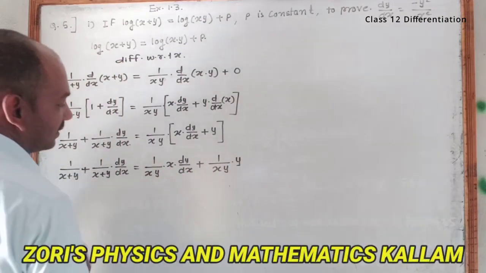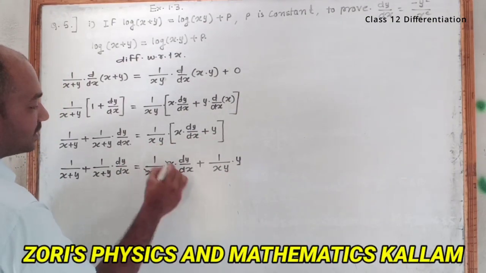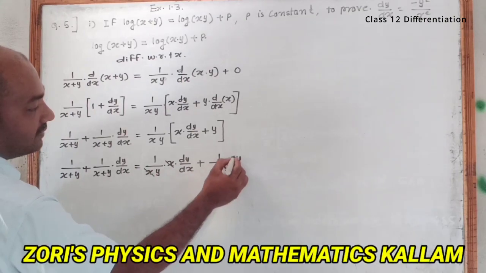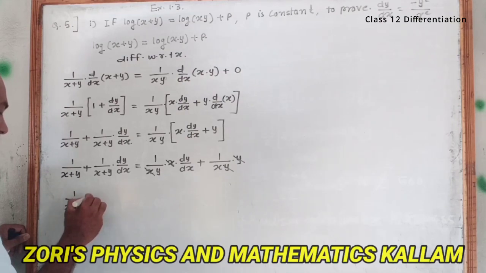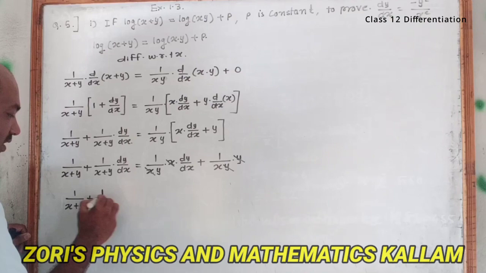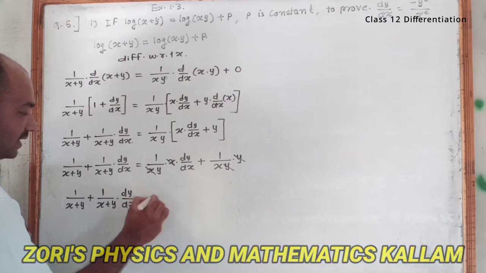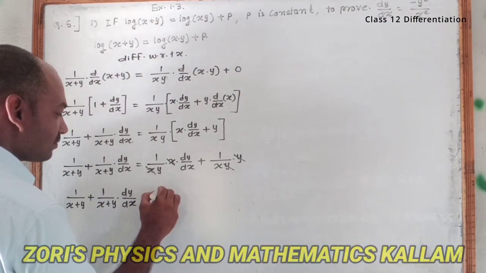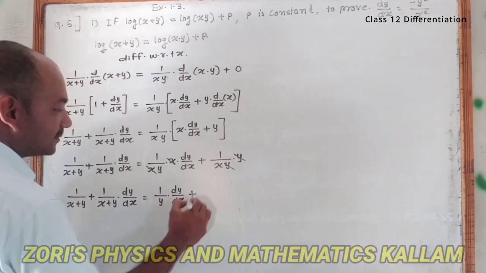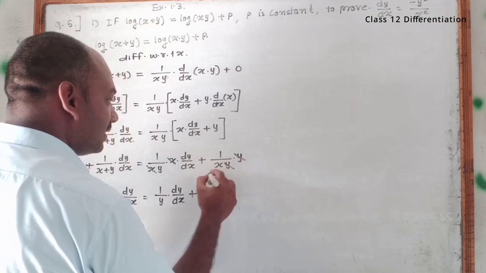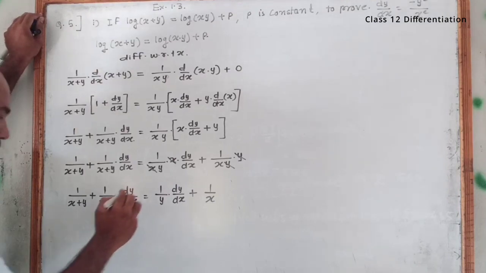We cancel this x with x, and this y with y. So 1/(x + y) + 1/(x + y) into dy/dx is equal to 1/y into dy/dx plus 1/x.